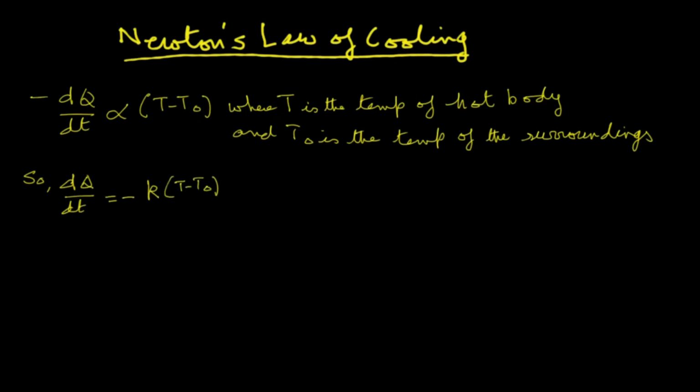Q can be written as the product of mass, specific heat and temperature. So d by dt of mcT is equal to minus k into T minus T naught.